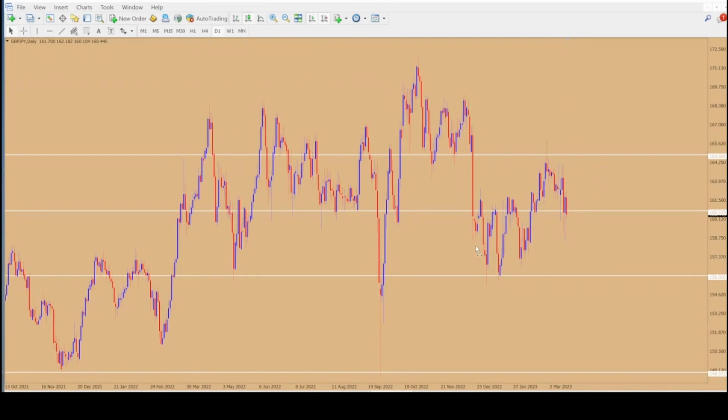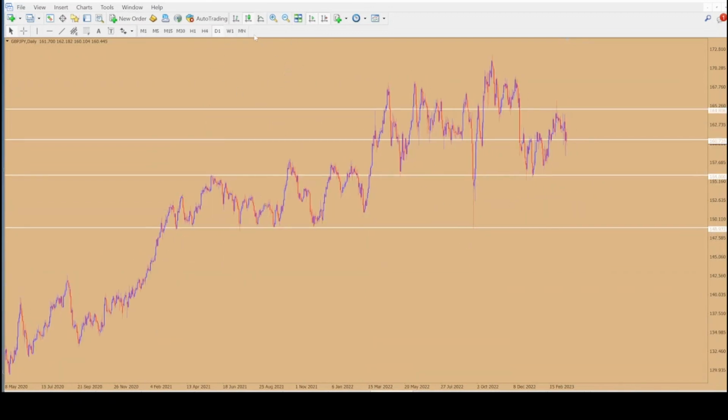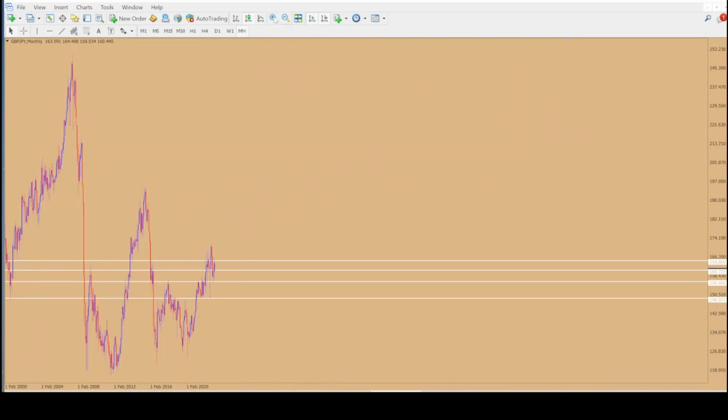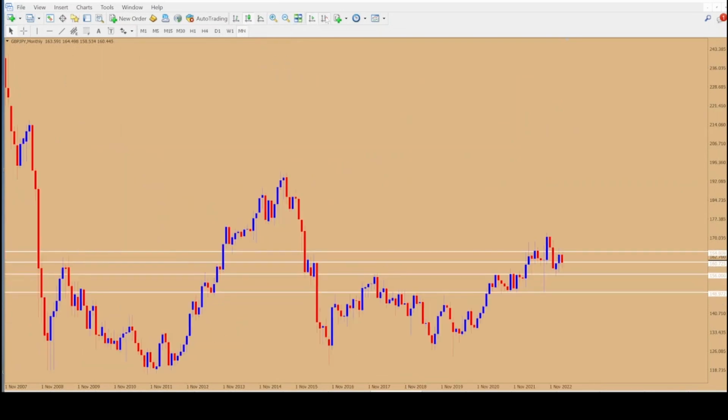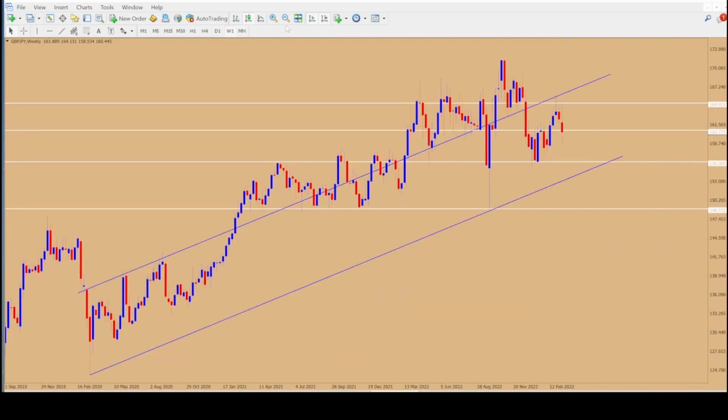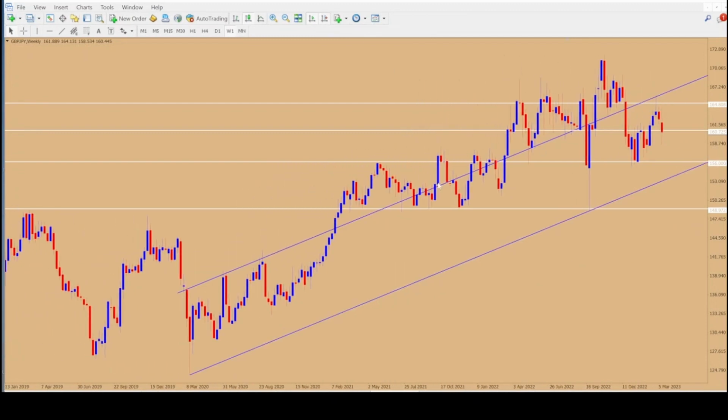So GBPJPY, what do we have here? Well, if we go to the monthly, GBPJPY, we can see a bullish momentum, clear as day. So if we go to the weekly, we see this channel that has been respected and violated severally.